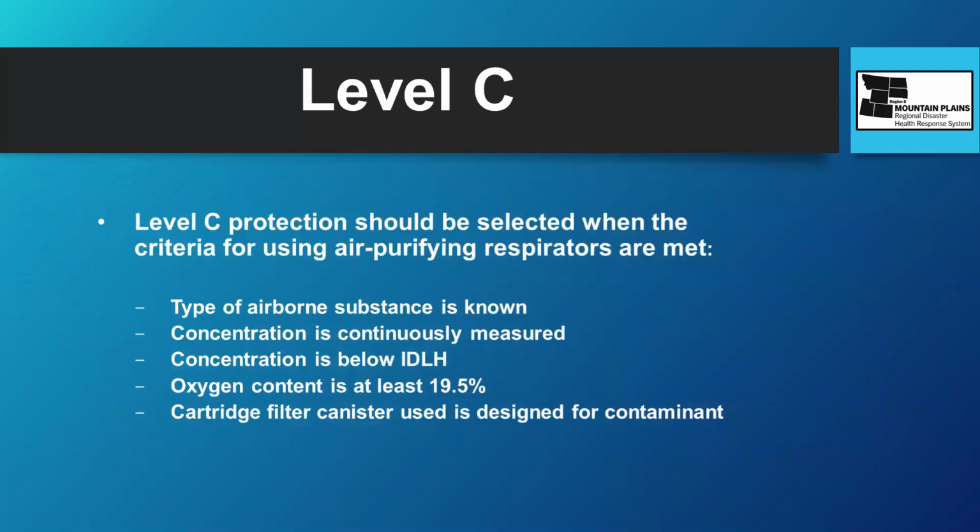Level C protection can be selected when you know what the likely substance is, its concentration has been measured, it's below the level that's immediately dangerous to life and health. Obviously, the oxygen content has to be the same as atmospheric air because you're filtering the air. And the cartridge filter that is being used is specifically designed for the particular contaminant or the class of contaminants.